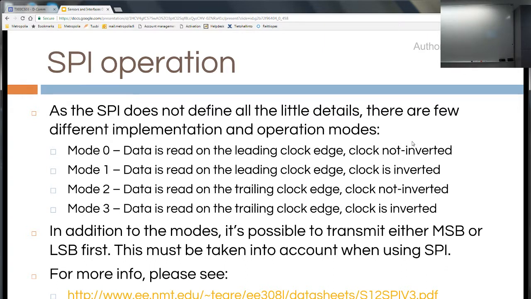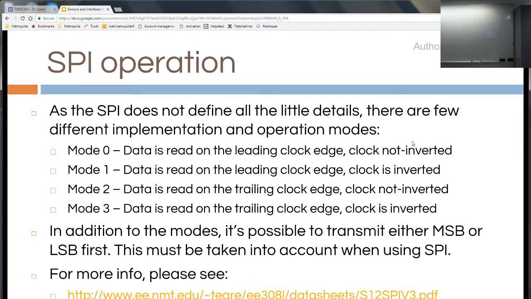Fortunately, I think mode 0 was the most common here, so usually it just starts working. And there are only 4 modes. You can always do trial and error at the end. But 4 modes, 4 operation modes.